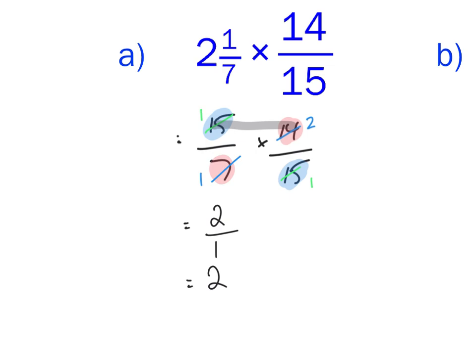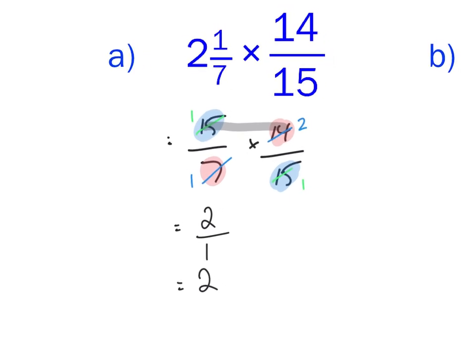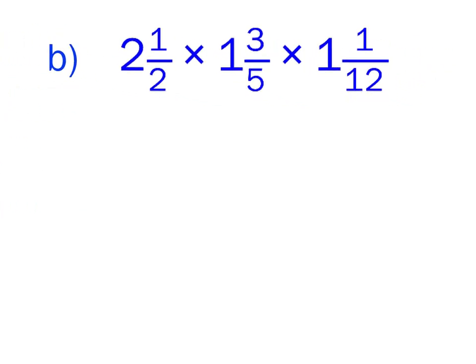This time we're going to look at a bigger question, because instead of multiplying 2 fractions together, we're going to multiply 3 together. Before we begin, though, all fractions have to be written as improper. So 2.5 becomes what? 5 over 2. 1 3/5 becomes 8 over 5.